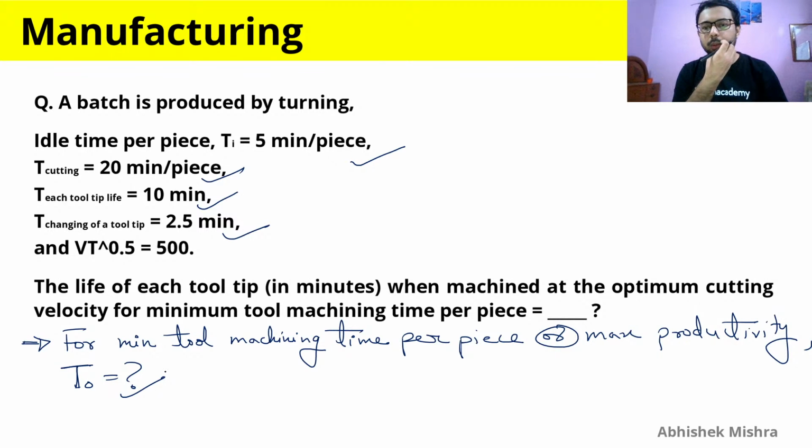What will be the optimum time? Okay, yeah, we have to calculate the life of each tool tip, that is the optimum life. We are calculating it after this process.